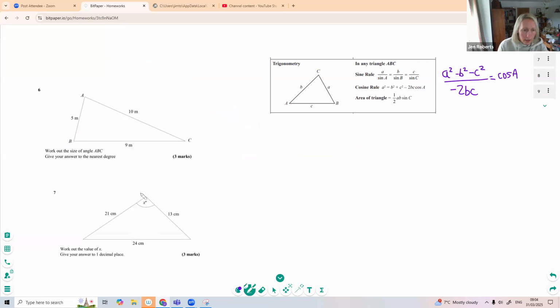So here, big A, little a. Big A has to be your angle. If you've labelled B and C differently, that's absolutely fine. You will still get the same answer.